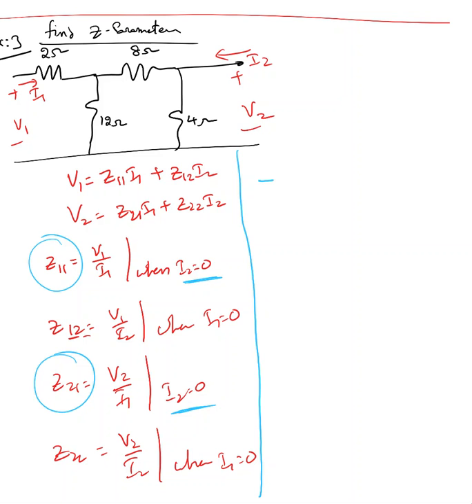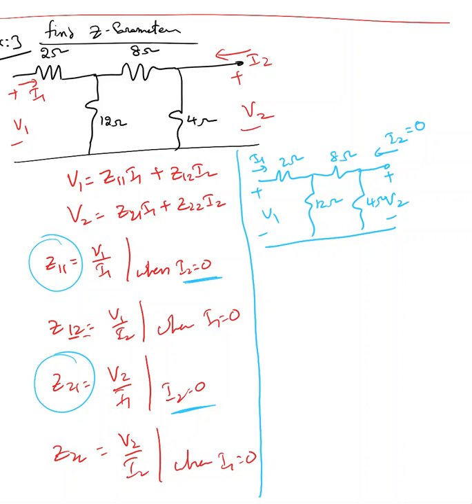So here is my circuit. Okay, it's the same circuit. Here is my I2. I'm saying this value is 0, but V2 is not 0. So V2 is the voltage drop across this 4 ohm resistor, 8 ohm resistor, 12 ohm, and 2 ohm. Here is my I1 and V1.